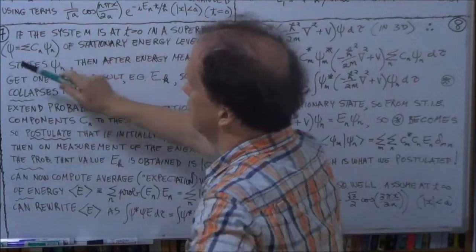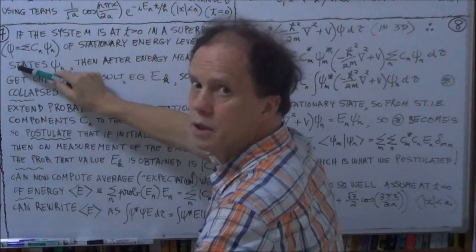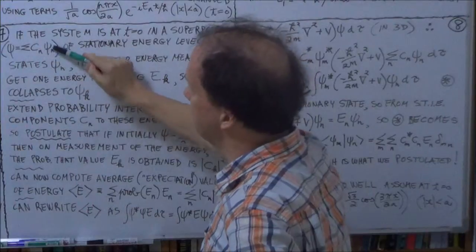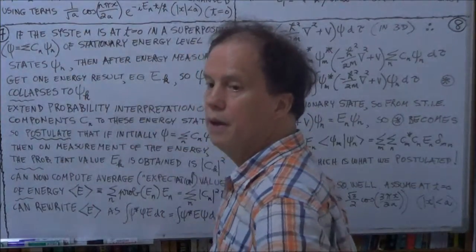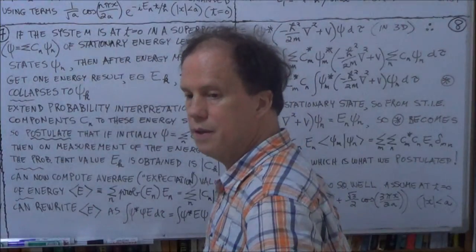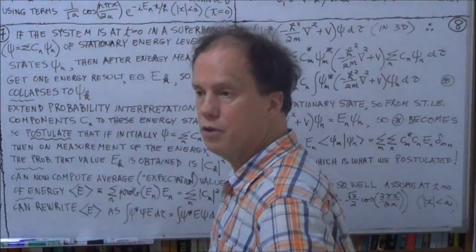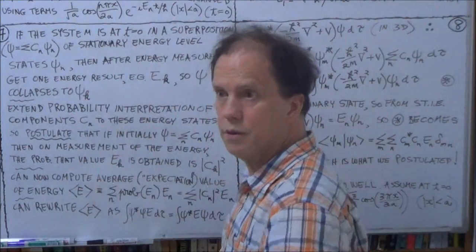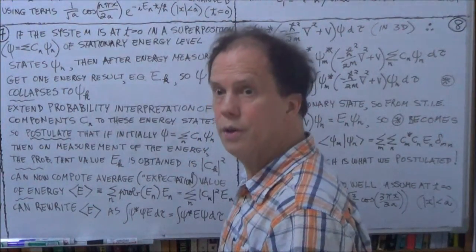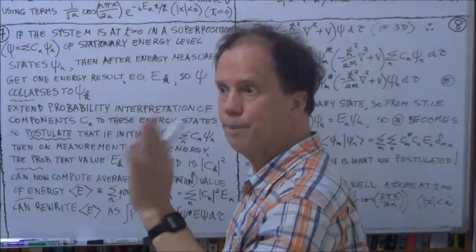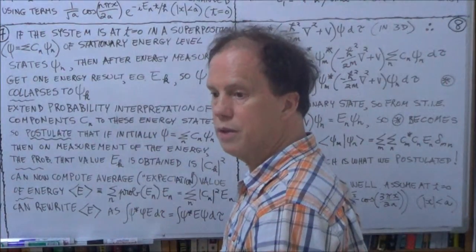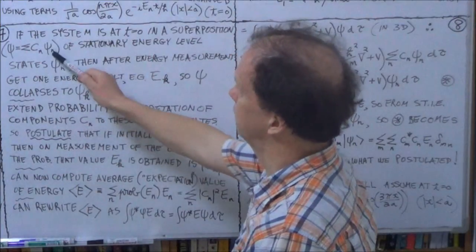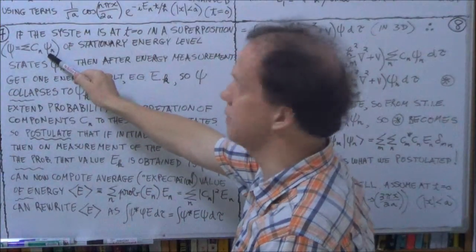So instead of psi here, we just plug in sigma Cn psi n, and remember these now are the eigenstates for the Schrodinger equation. They're the eigenstates that correspond to a given allowed energy, with discrete or quantized allowed energy levels. These are energy eigenstates now.